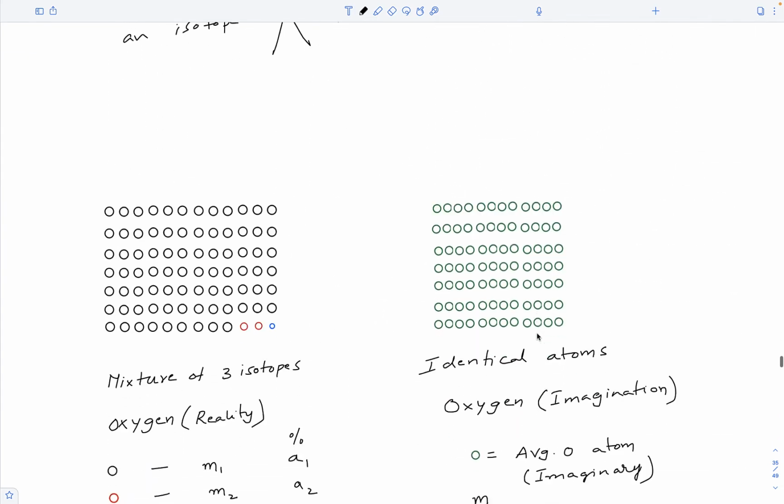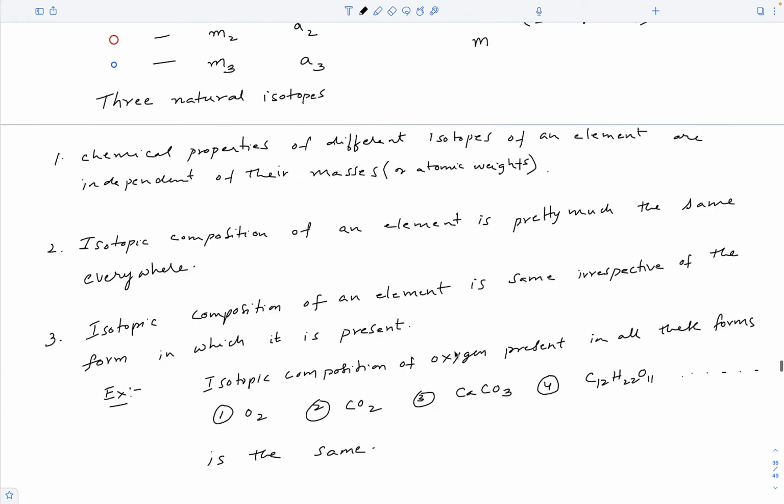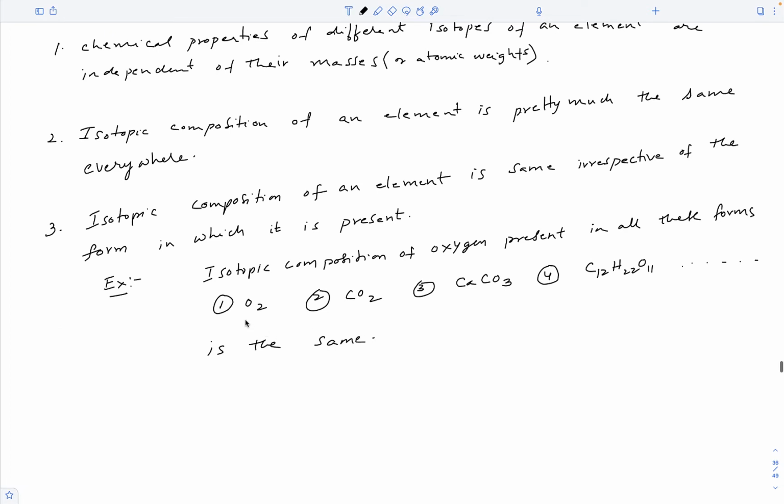Also, the isotopic composition of an element is the same whether it is in the form of an element or in the form of a compound. Oxygen is present in air in elemental form, that is what we breathe. Oxygen is present in the form of carbon dioxide in air.